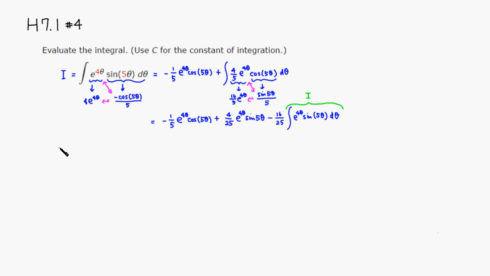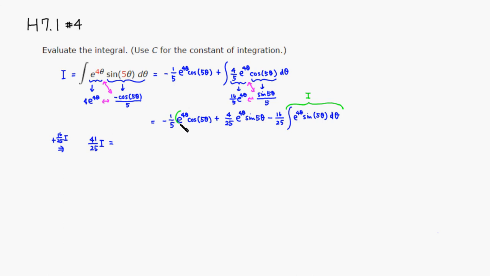So I'm going to add 16 over 25 I to both sides. If you add 16 over 25 I to I, you're going to have 25 plus 16, so it's 41 over 25 I, equal to these two terms. Maybe we should pull out something in common.